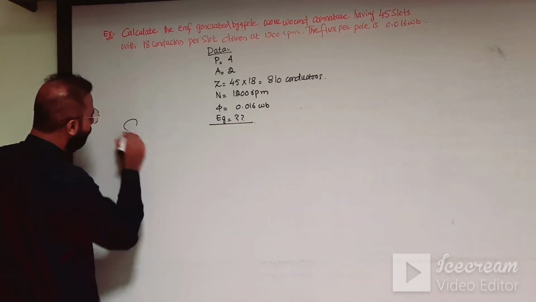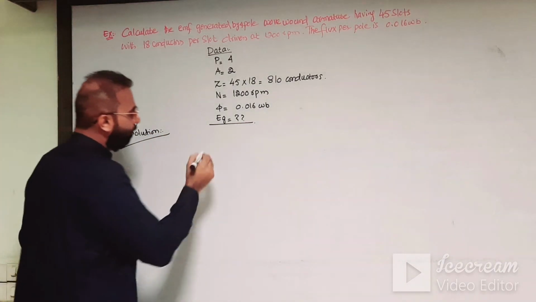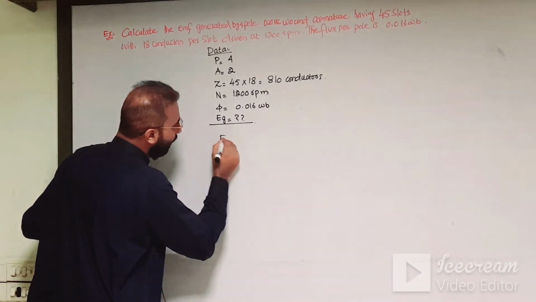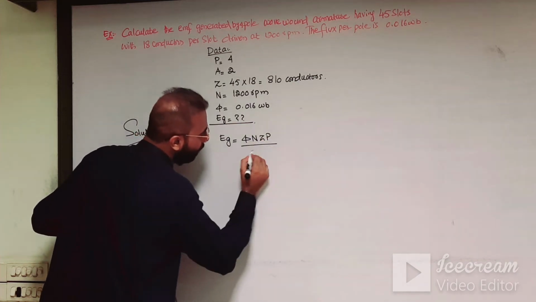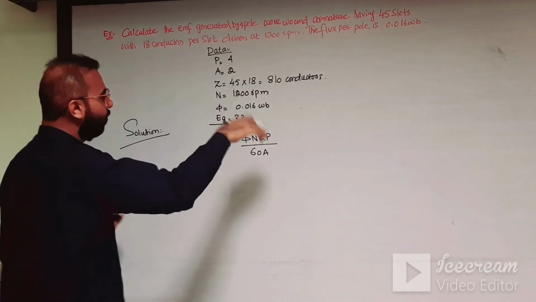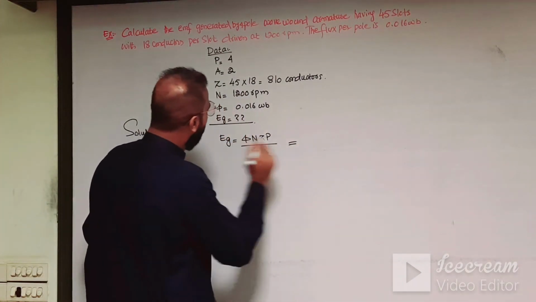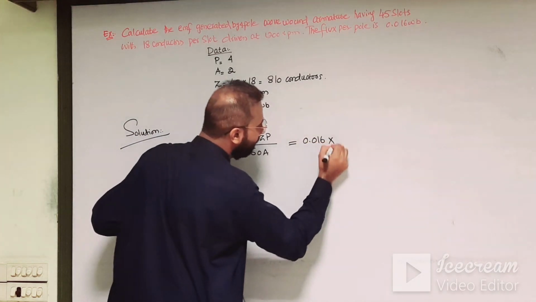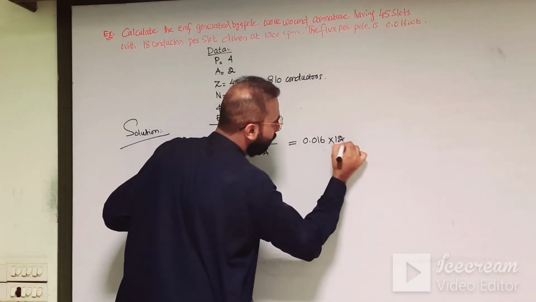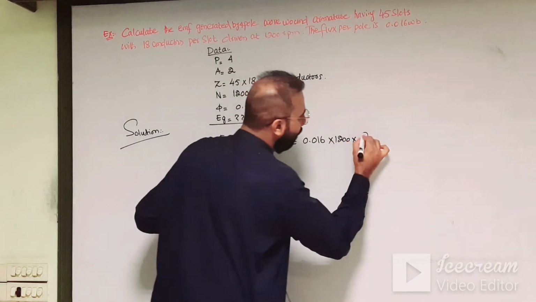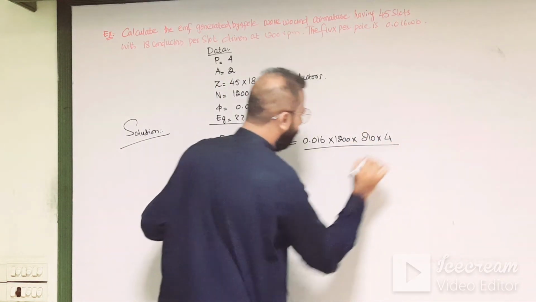Now the solution of the problem is very simple. By writing the EMF equation of the DC generator, PɸNZP over 60A, put the values of the parameters in this equation. The phi is 0.016, the value of N is 1200, Z is 810, and P, the number of poles, is 4.